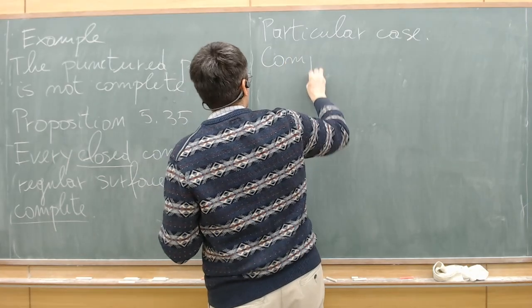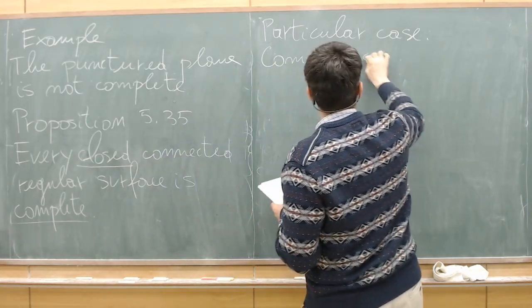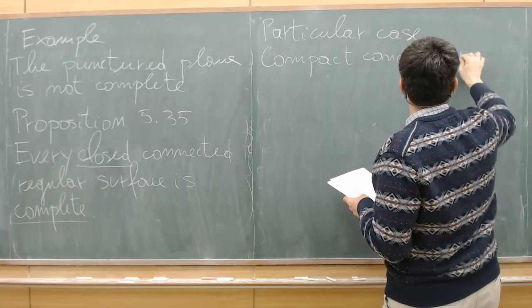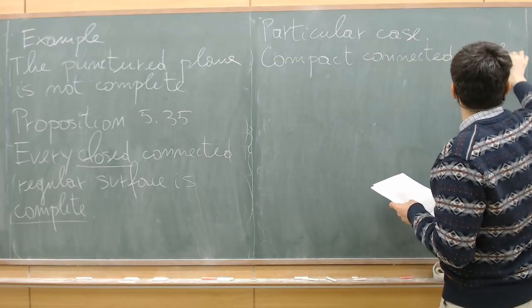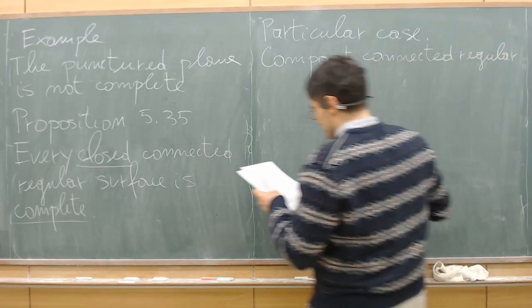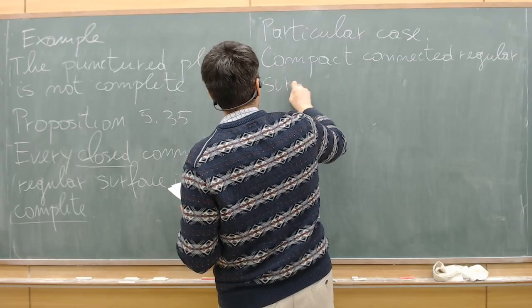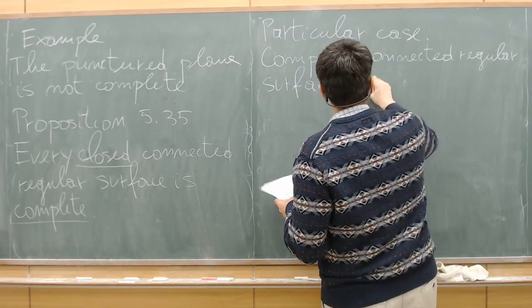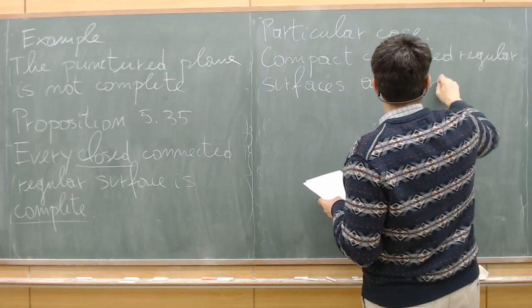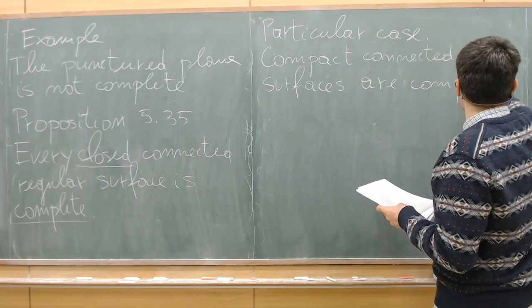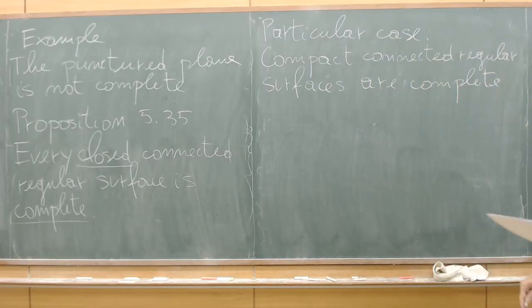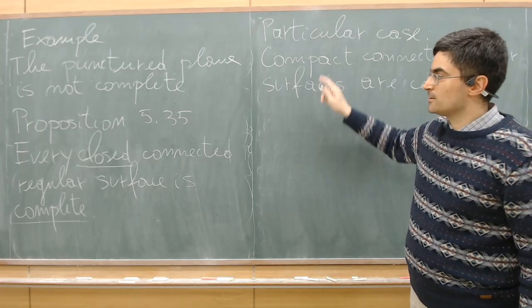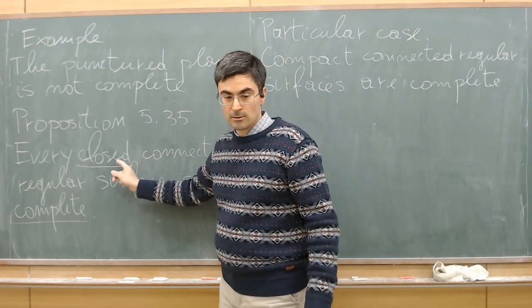Compact connected regular surfaces are complete. This is true because in R3 a compact set is also closed.